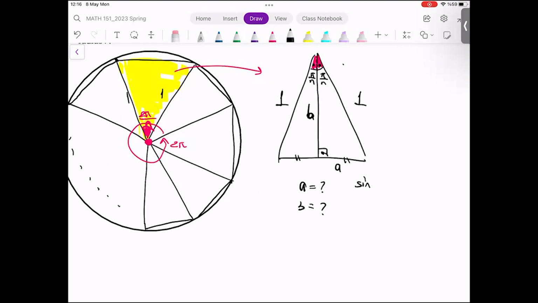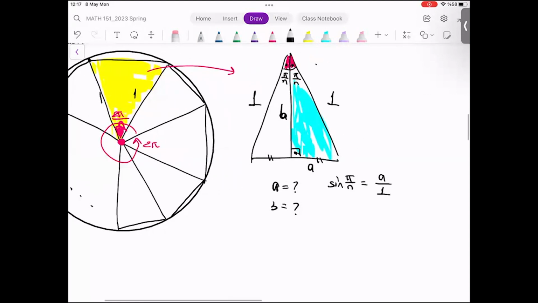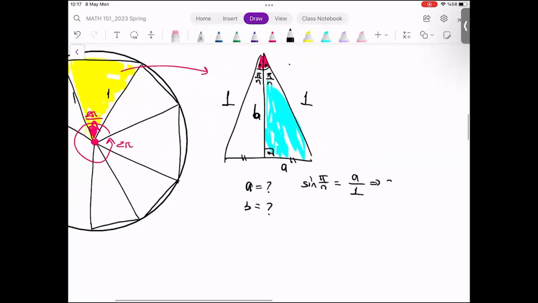Can you tell me the sine measure of pi over n? So just concentrate over here, for example. What is sine pi over n? You can easily use this right triangle to find out this value. What is it? Opposite edge divided by hypotenuse, right? A over 1. So A is given exactly as sine pi over n.